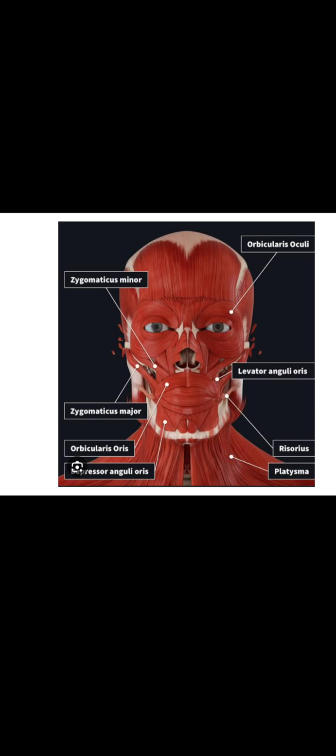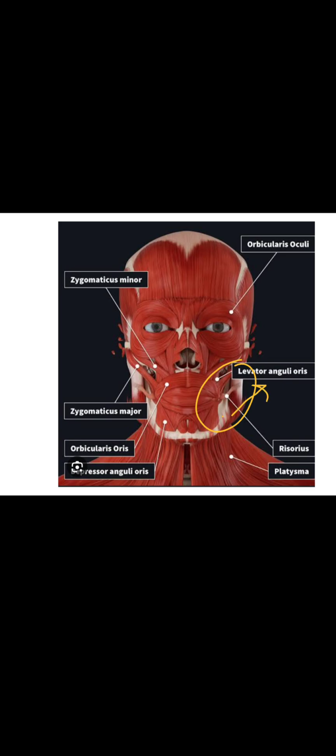See, this is your masseter muscle, and you can very clearly see that this risorius is originating from the masseter muscle. Just have a look at this point marked by the arrow. It receives its origin from the masseter muscle, and as you can see, it is being inserted over the angle of mouth.